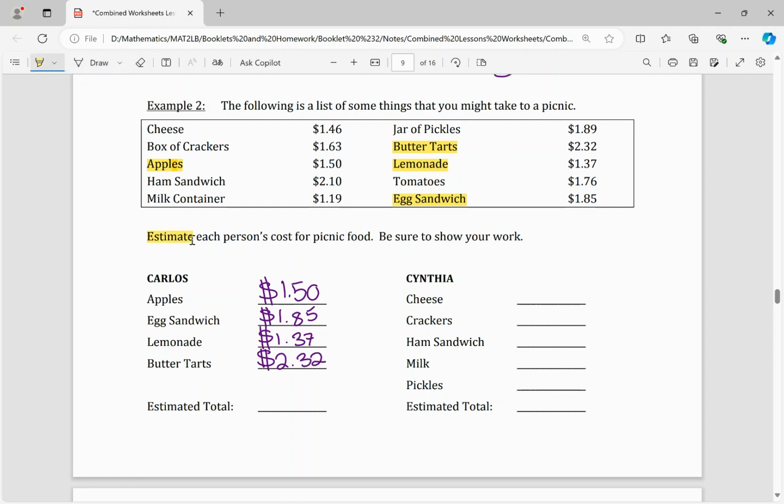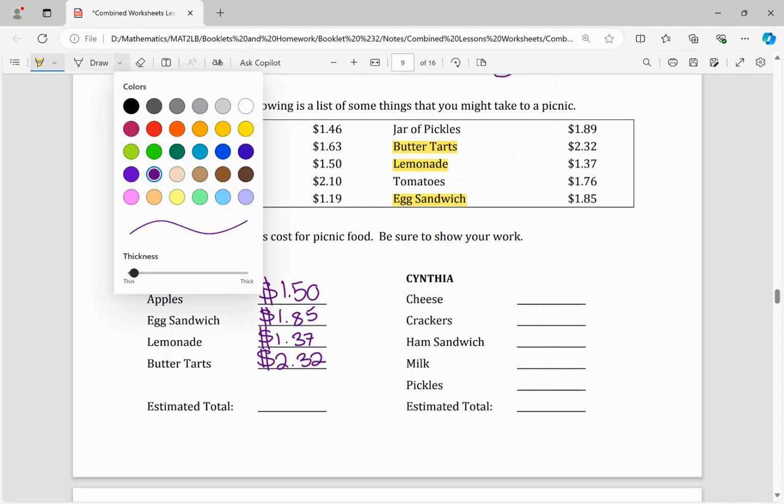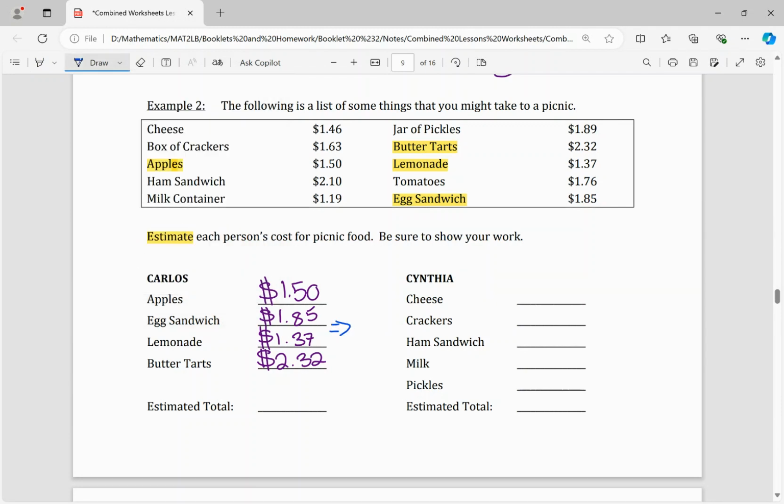Now, because we're estimating, we are going to round first. So let's do that. Let's use a different color. We've been using purple for a while. Let's use some blue. Okay. So $1.50, that's going to round up to $2. $1.85, that's going to round up to $2. $1.37, that's going to round down to $1.